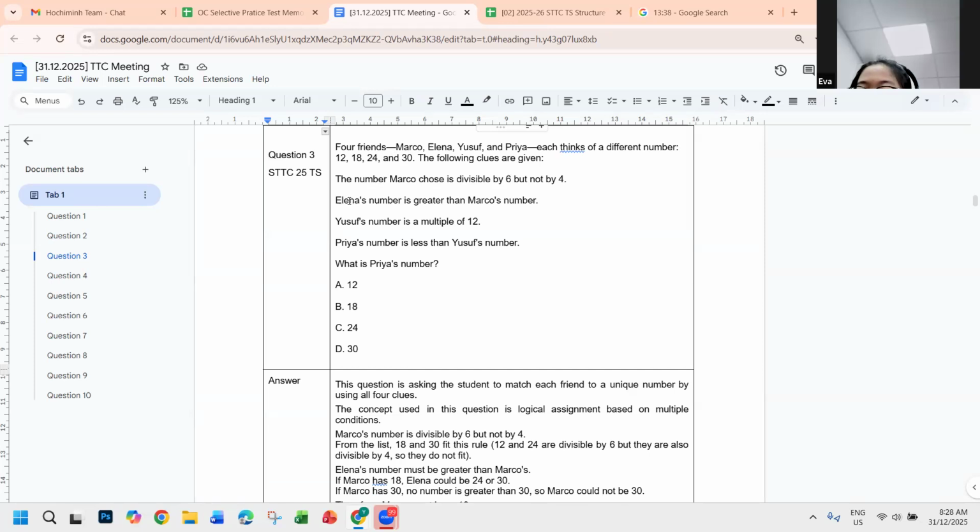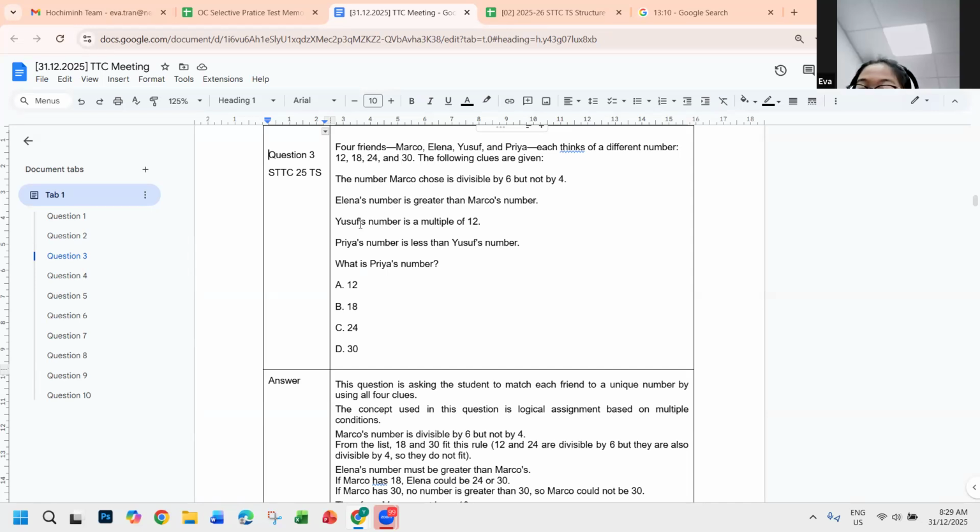From the second clue, Elena's number is greater than Mathcode's number. Mathcode's number can be 18 or 30. However, 30 is the biggest number, so there is no number greater than 30. So Mathcode's number must be 18, and Elena's number can be 24 or 30.